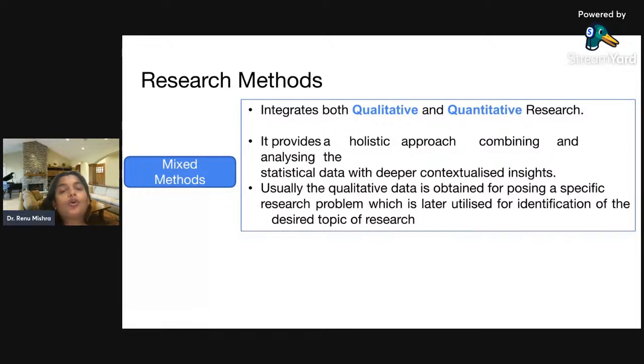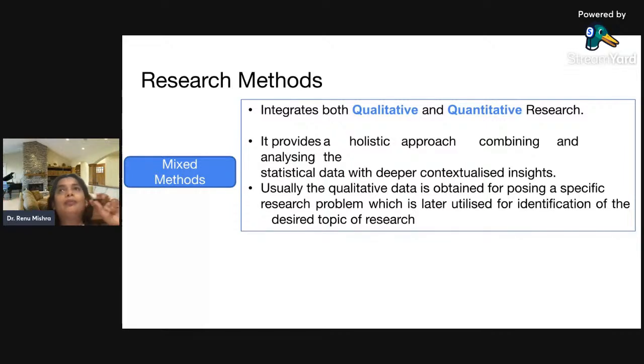So what exactly you do is derive the research problem with the help of qualitative data. You have collected that information and explained the research problem. Now, in order to find the answer for the particular research problem, you collect the quantitative data also. So both these kinds of research complement each other when it comes to mixed methods.